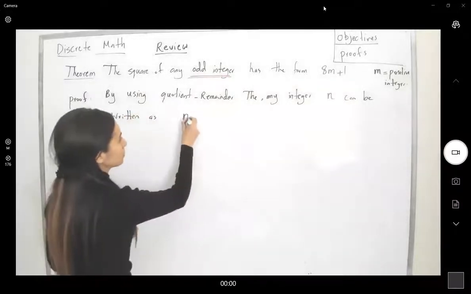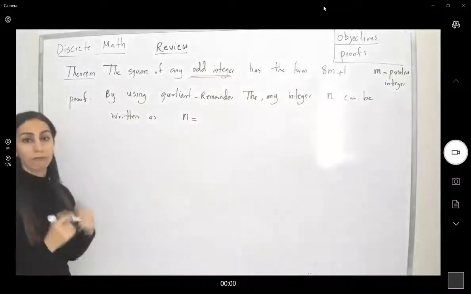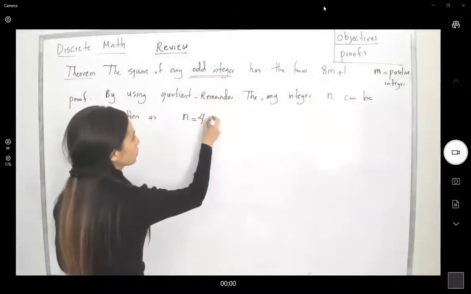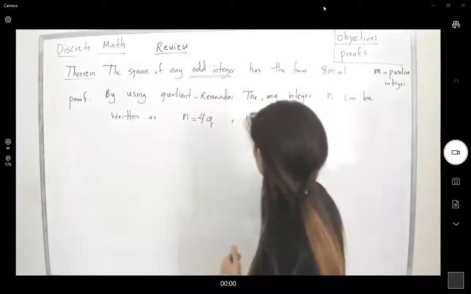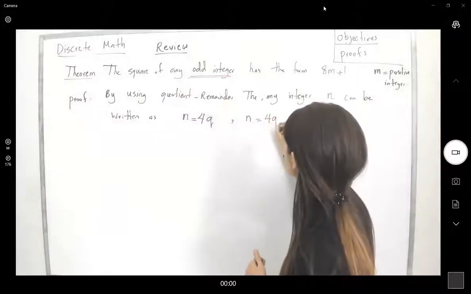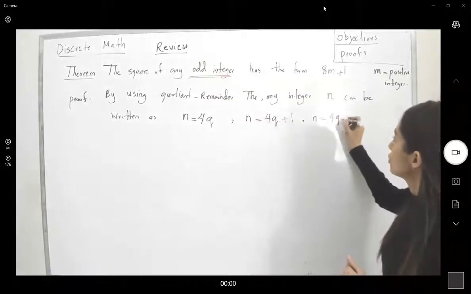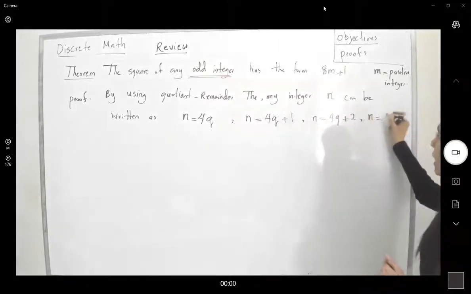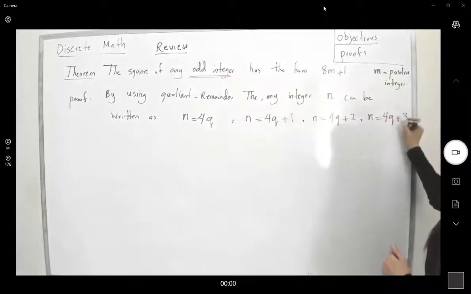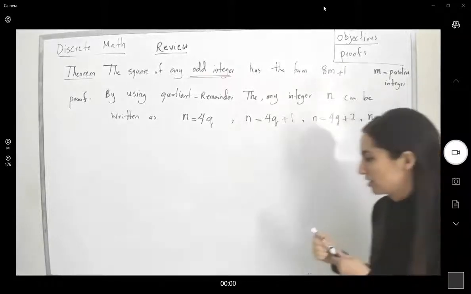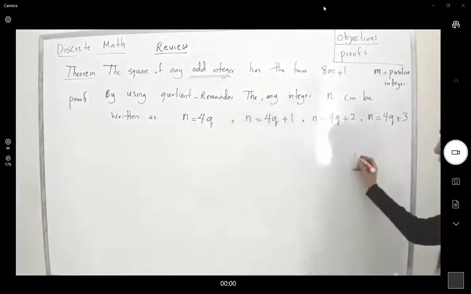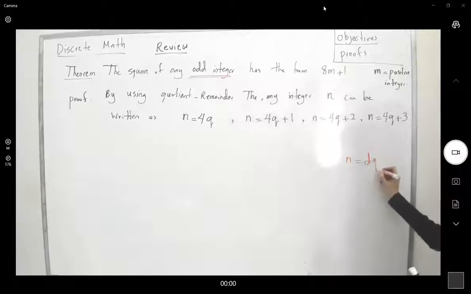That n can be written as 4q, or n can be written as 4q plus 1, or n can be written as 4q plus 2, or n can be written as 4q plus 3. The quotient remainder theorem says any integer can be written as d times q plus a remainder r, and this r is in between 0 and d.